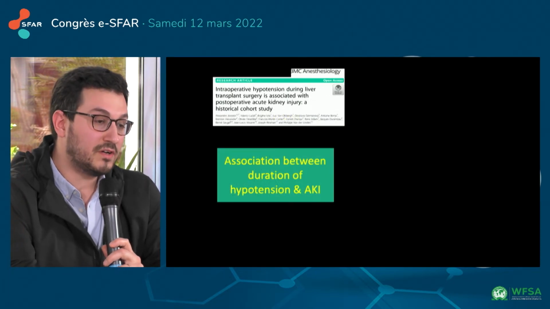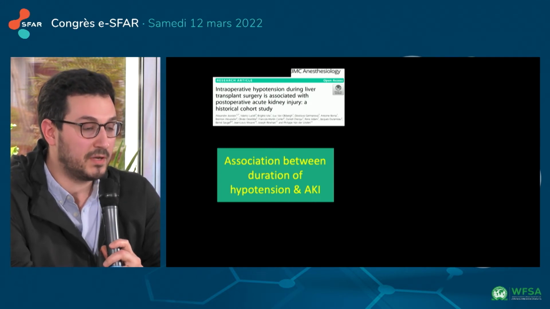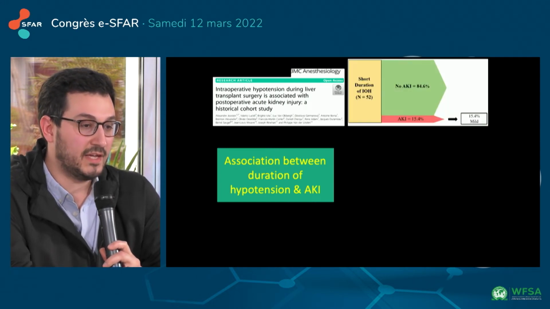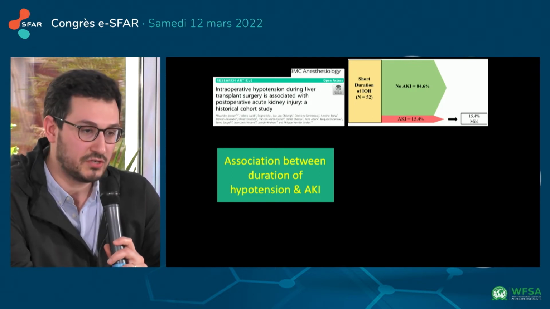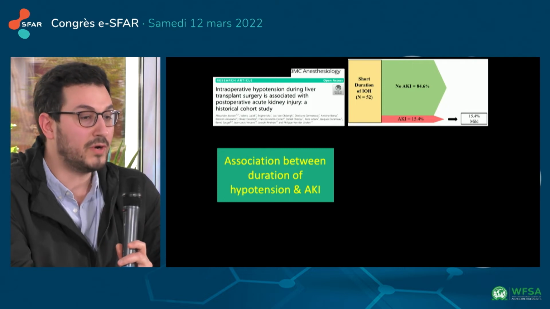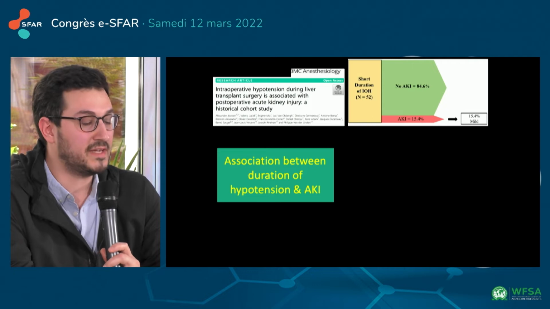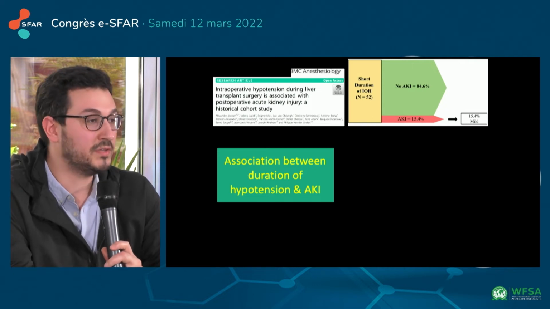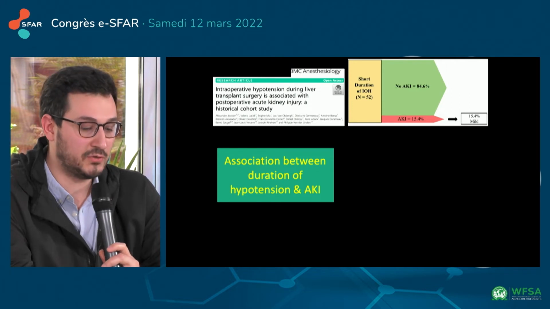We also did a retrospective study on patients undergoing liver transplant surgery. And we showed that when patients spend less than 10% of the time in hypotension during surgery, more than 80% of them have no acute kidney injury, and 15% of them will develop an acute kidney injury, but it's always category 1, so a mild acute kidney injury.